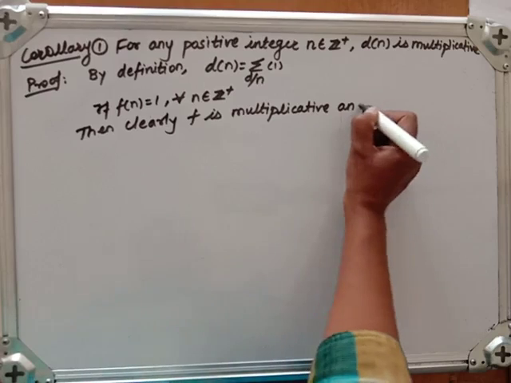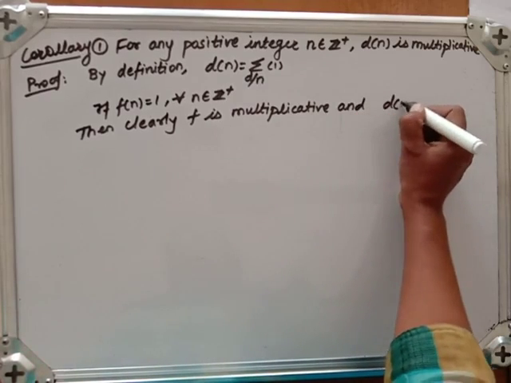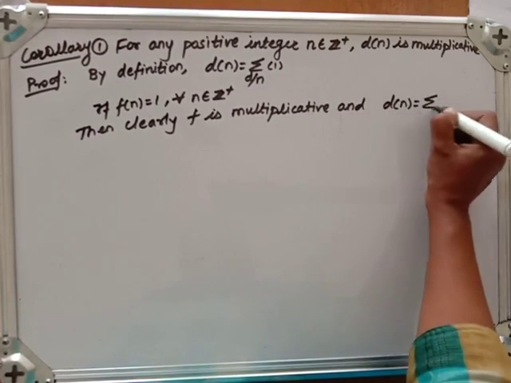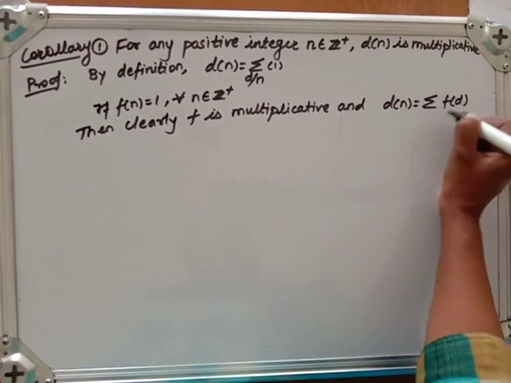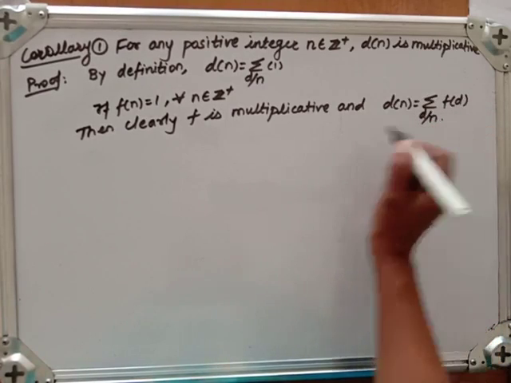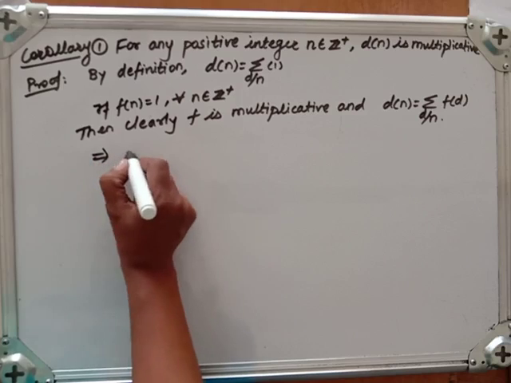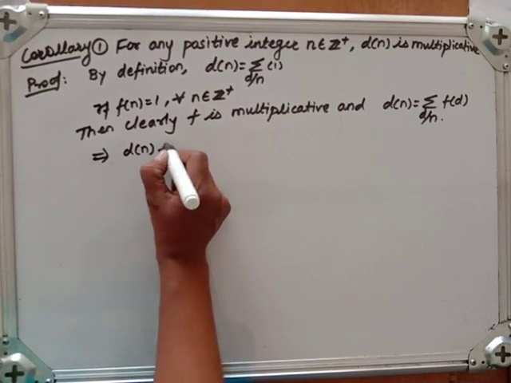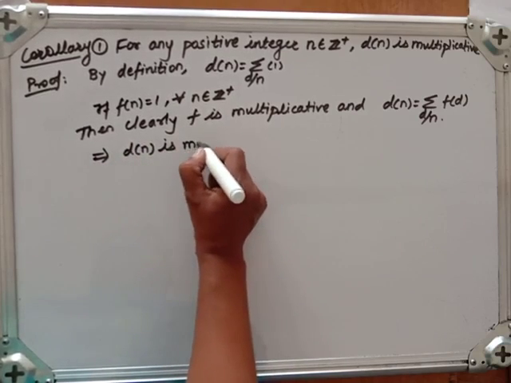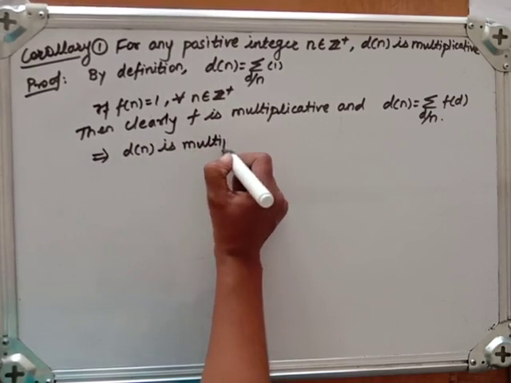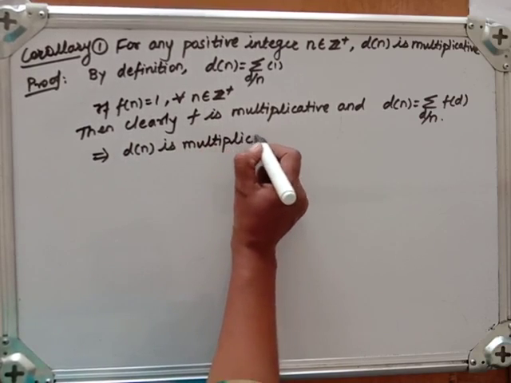And d of n equal to summation f of d, d divides n. So this gives d of n is multiplicative.